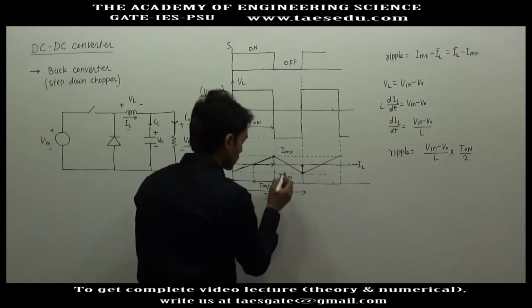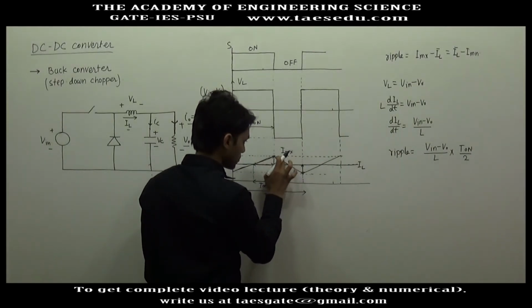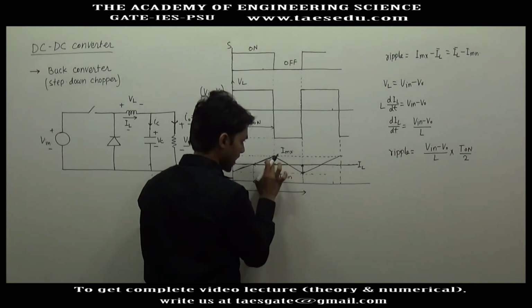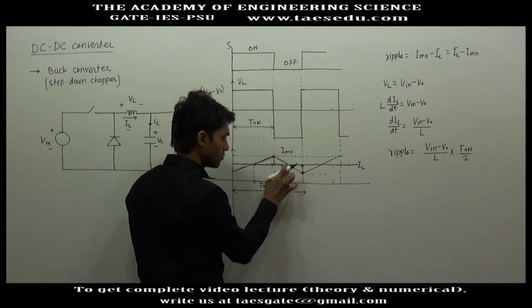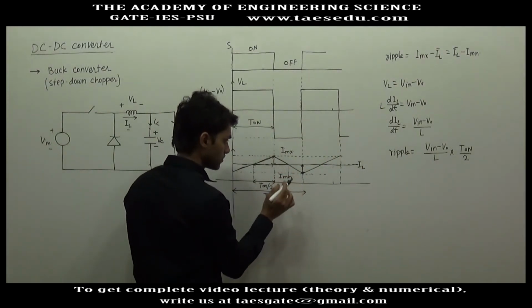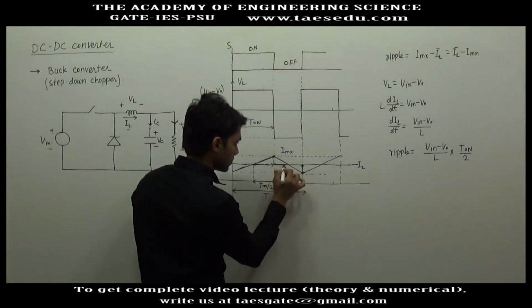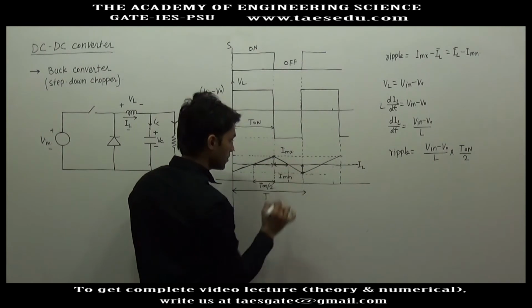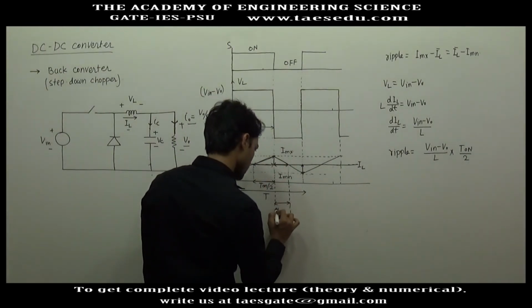You can also find it from this triangle. Here the height will be this slope, and height is a magnitude, so you take the magnitude of slope into the magnitude of this width. This total duration is t off, so this width will be t off by 2.